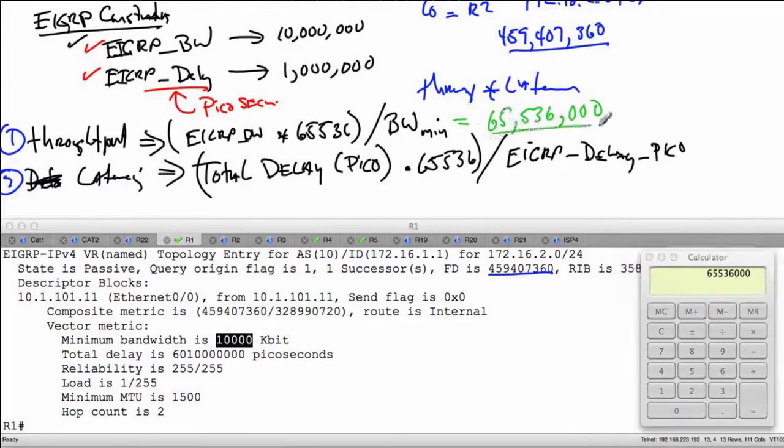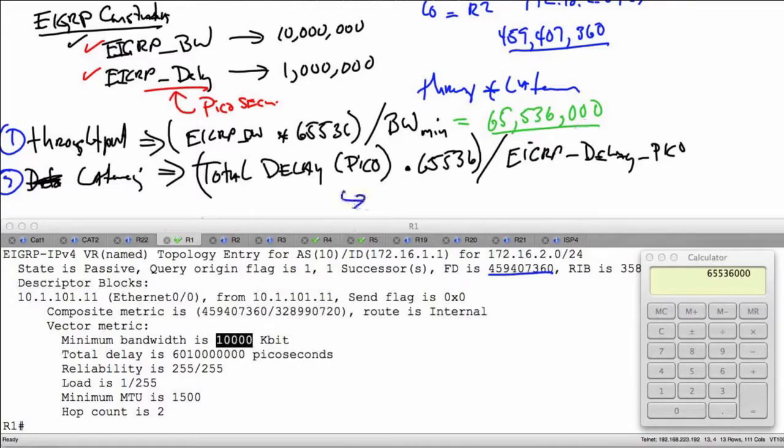So I just confirmed and verified my math. It's 65,536,000 as that value.